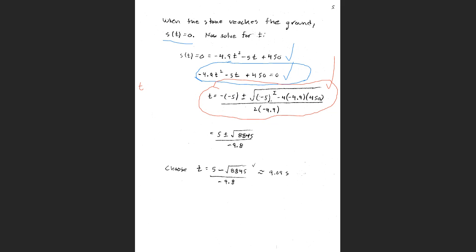So you remember t equals negative b plus or minus the square root of what goes under the radical there.